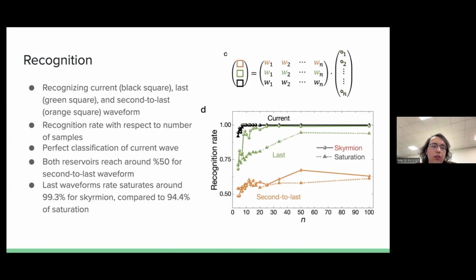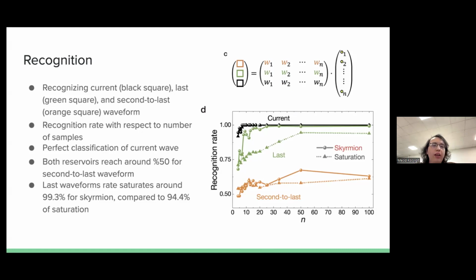For the second to last one, the orange one, recognition rates for both systems, both the Skyrmion state and the saturation state, are pretty low, around 50%, indicating the randomness and unpredictability and this system's limits.